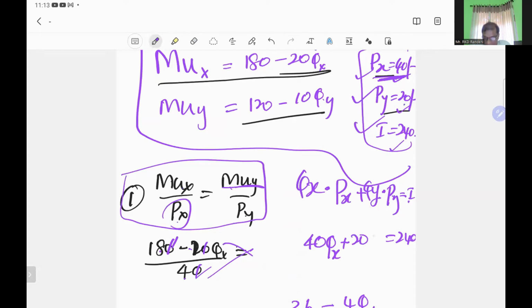Quantity Y we don't know, so you will put QY. You have to put QX, QY. Otherwise, you can't simplify these two equations. Now we can divide by 10 like that.